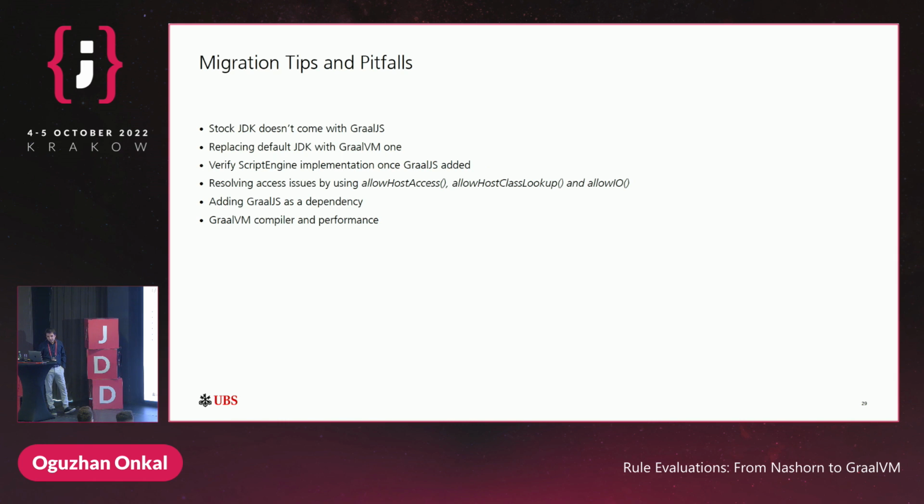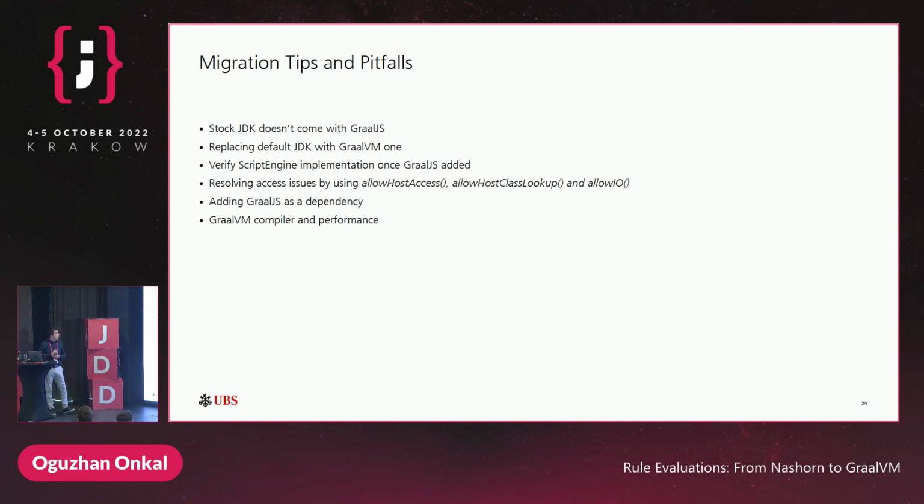So coming to the end, to wrap up, let's assume we have a rule engine developed in Nashorn, and we would like to migrate it to GraalVM JS. For example, because your organization may want to move to Java 15 and forwards, so Nashorn will not be applicable.